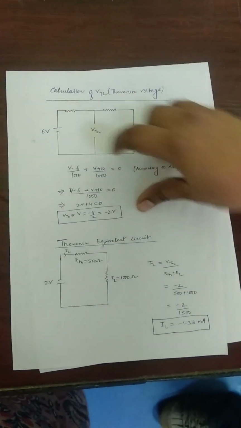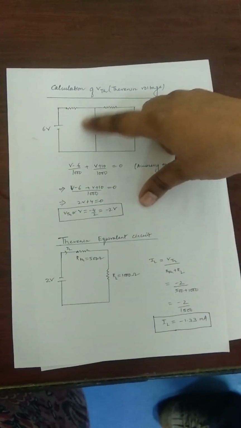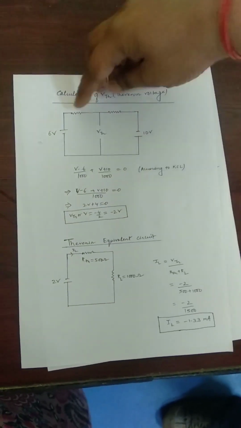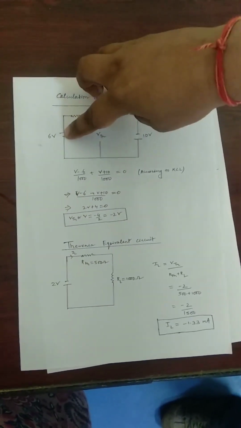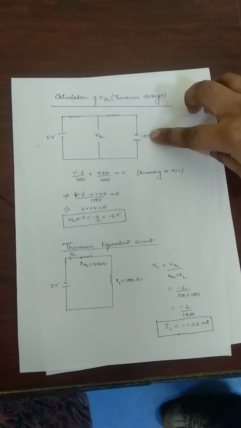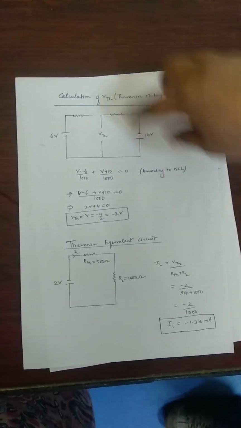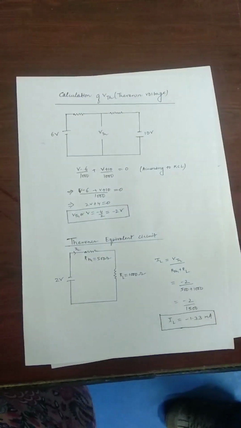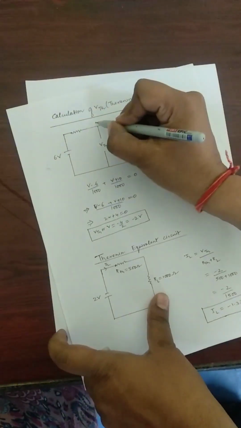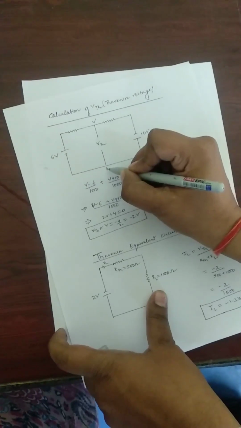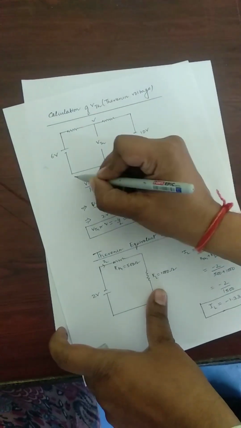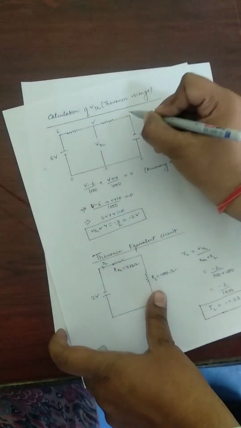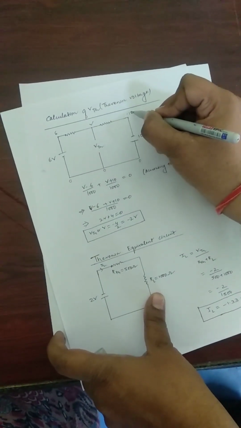For calculation of Thevenin voltage, we have to open the RL resistor. We have the 6 volt voltage source and minus 10 volt voltage source, so we can apply KCL. We can assume the node voltage to be V and the other ends to be 0. Here we have 6 and here we have minus 10.